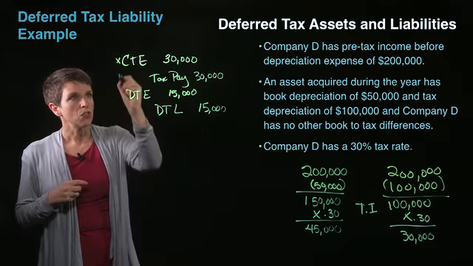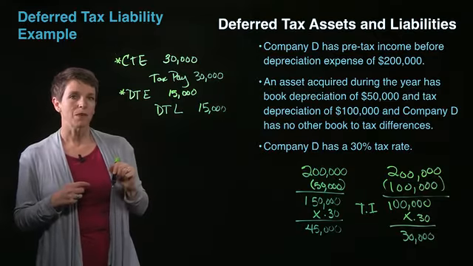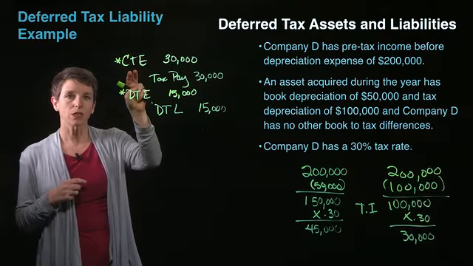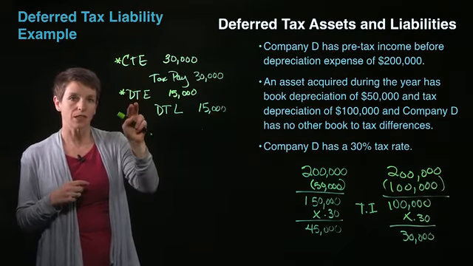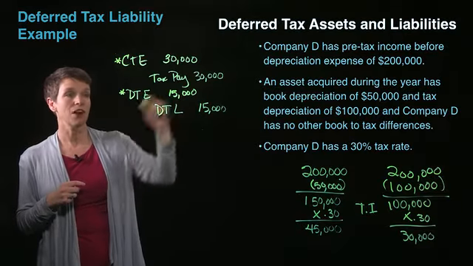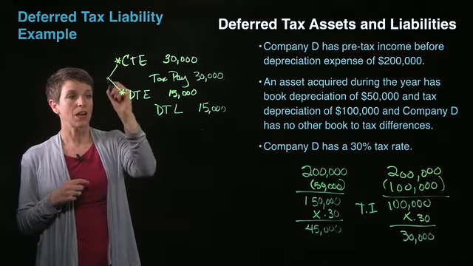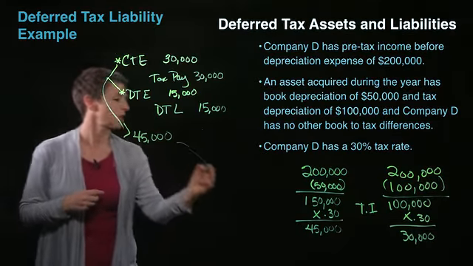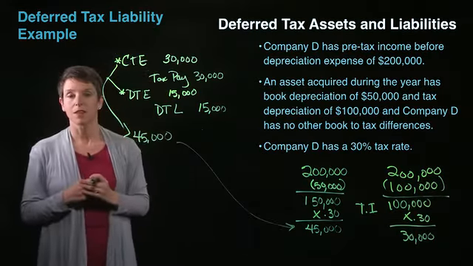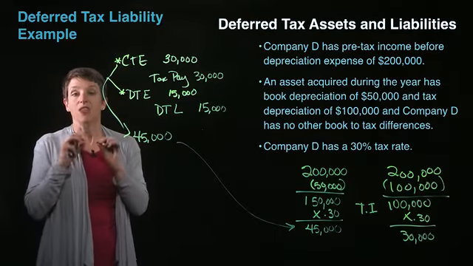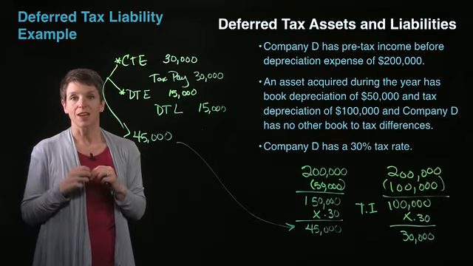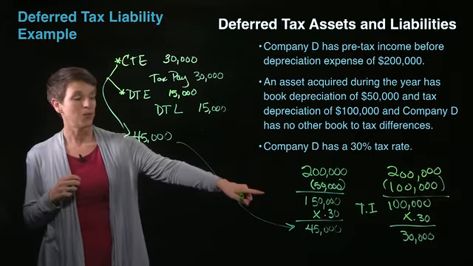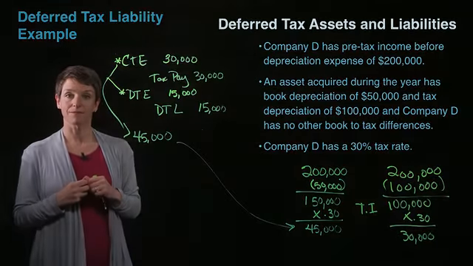If I look at the two amounts that show up in my income statement, both current tax expense and deferred tax expense, I get the $45,000 that I need to reflect my total tax for the period. Now I have a 30% tax rate, just like I expected, on my book income for the period.